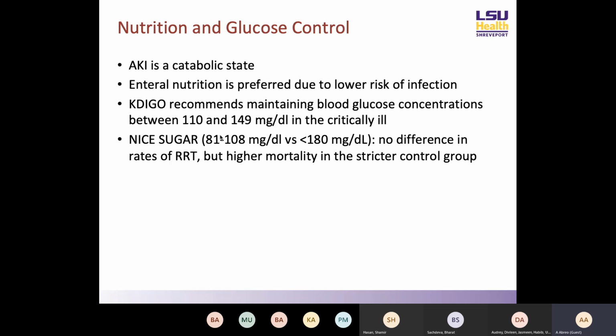If you look at the KDIGO guidelines, they recommend maintaining blood glucose concentrations in ICU patients between 110 and 149, and a lot of that is derived from the NICE-SUGAR trial that showed that patients with a lower glucose goal of 81 to 108 versus a goal of less than 180 actually had higher mortality, but there was no difference in the rates of RRT between the two groups.